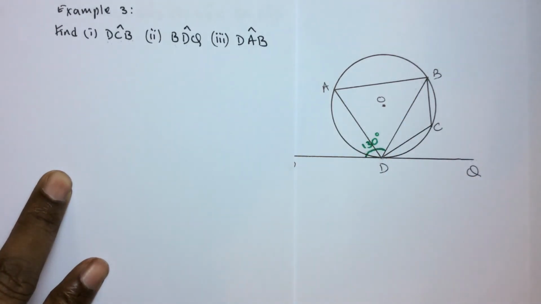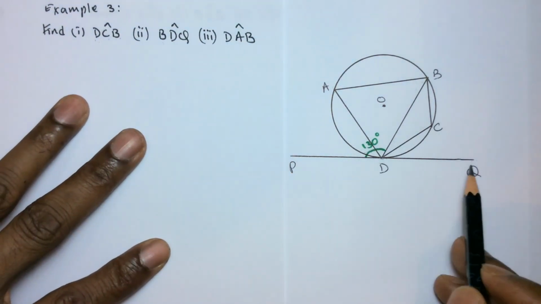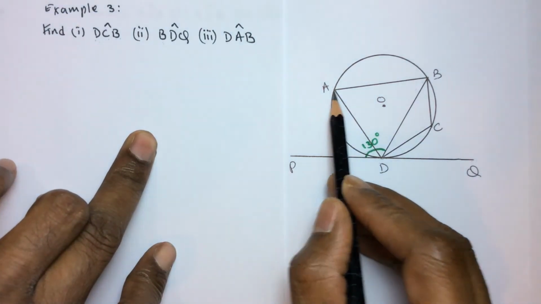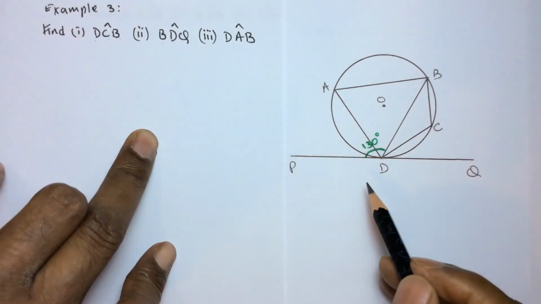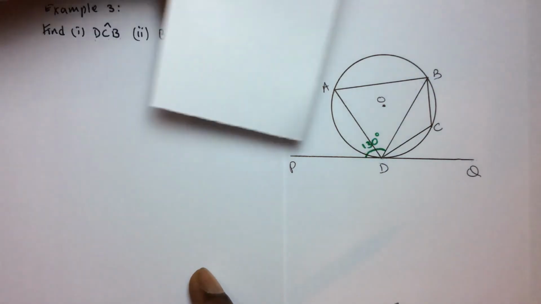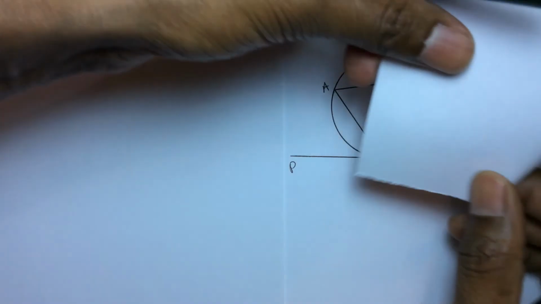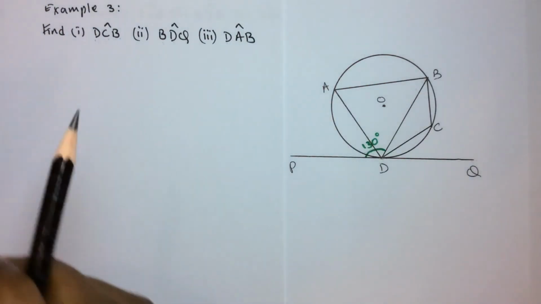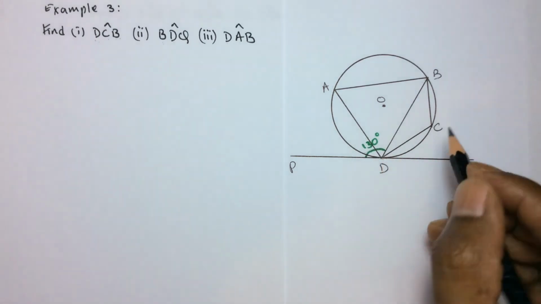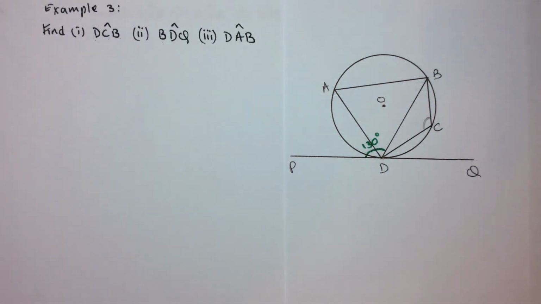We observe here that we have a tangent, PQ. We have a cyclic quadrilateral ABCD. Now, if we look here, we have one segment here, one segment here, and one segment here. So this angle, 130, is equal to this one, angle in alternate segment.